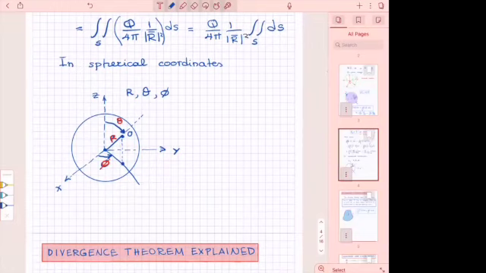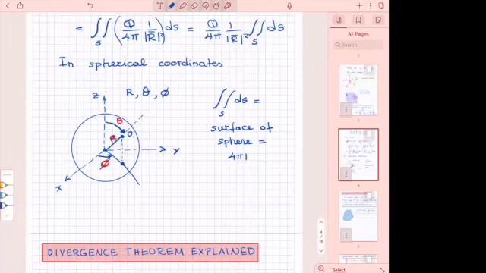You remember? 4 pi? No, that's volume. Surface. Four pi r squared. Okay? The surface of a sphere equals 4 pi r squared, where r is the magnitude. Let me clean it up here.